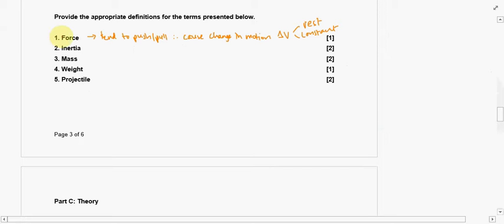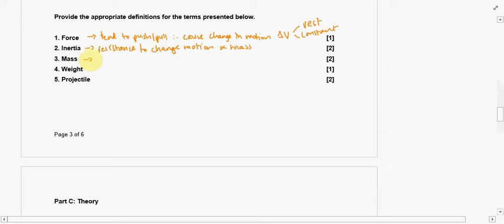Inertia refers to a body's resistance to change in motion, and it's also proportional to the mass of that object. Whether something is at rest, it'll want to stay at rest, or when it's moving, it'll want to stay moving, and it therefore resists changes in motion. That's known as its inertia.